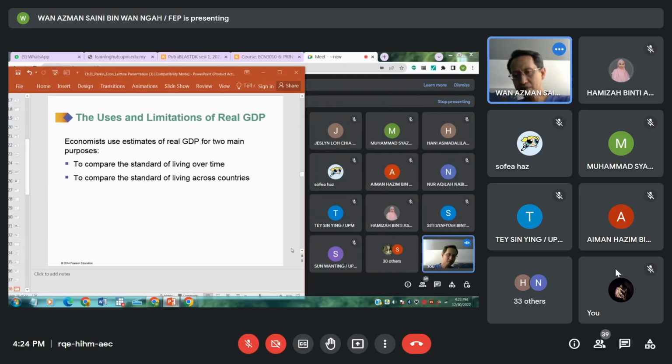If it is improving, it means that our standard of living is improving, because with more income, we can afford more things, buy more things. But if you compare between nations, with South Korea in the 1960s, our GDP per capita was higher than South Korea's. But now, look at the nations, we are lagging behind.